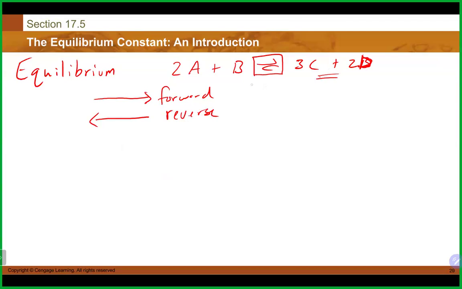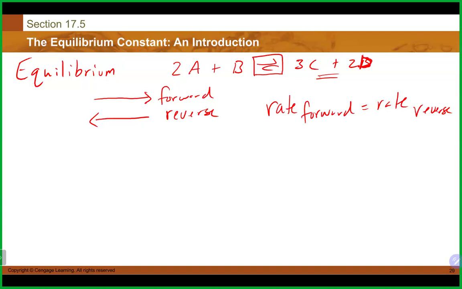And remember that when we talk about equilibrium, we're actually talking about rates, and the rate of the forward direction will eventually equal the rate of the reverse direction. So remember that equilibrium doesn't mean that you have the same amount of everything on each side. It just means that the rate of those reactions, the forward direction and the reverse direction, will essentially equal each other.